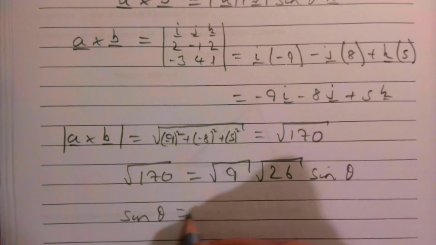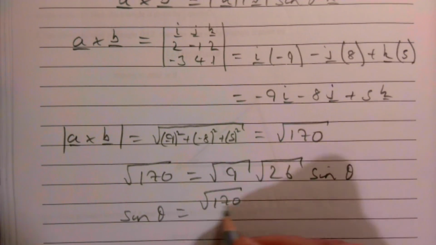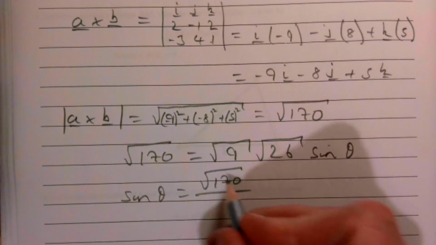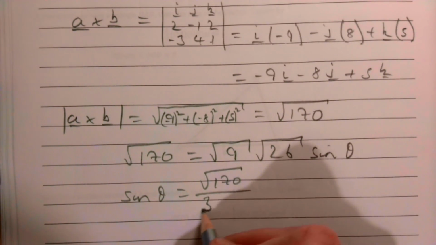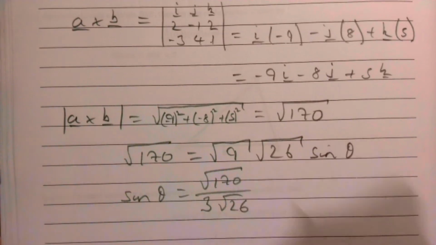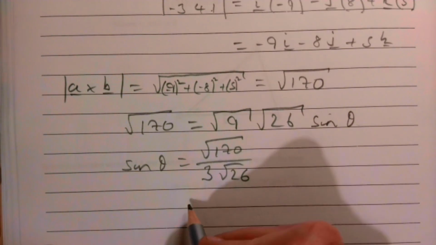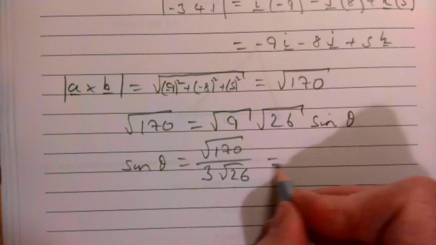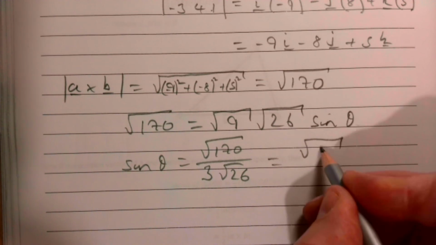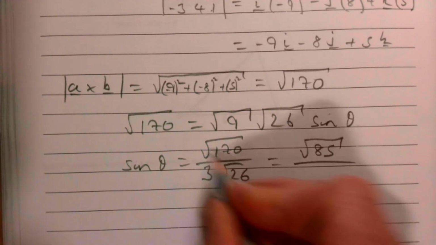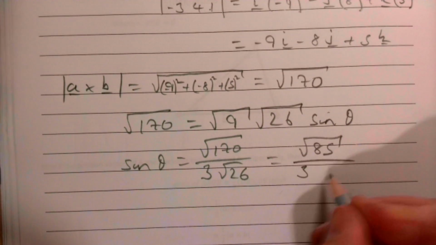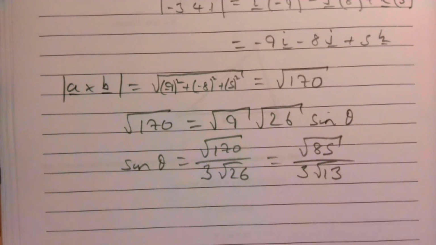So sine theta is the square root of 170 all over 3 root 26, and I'm told that that tidies up very slightly to give me the square root of 85, dividing top and bottom by root 2, over 3 root 13.